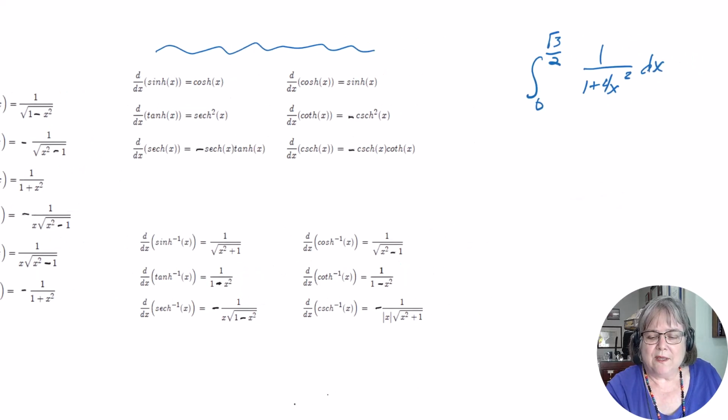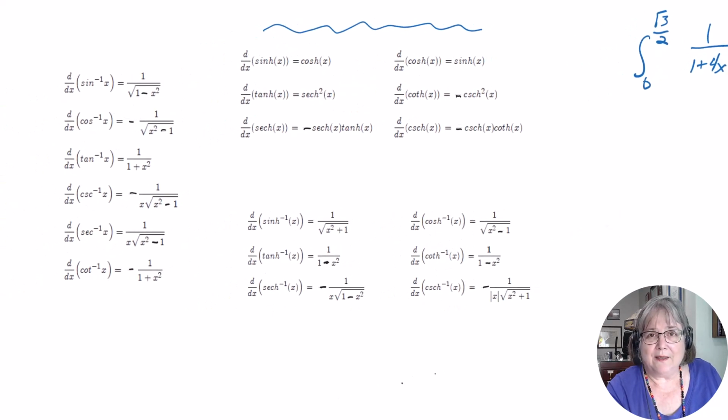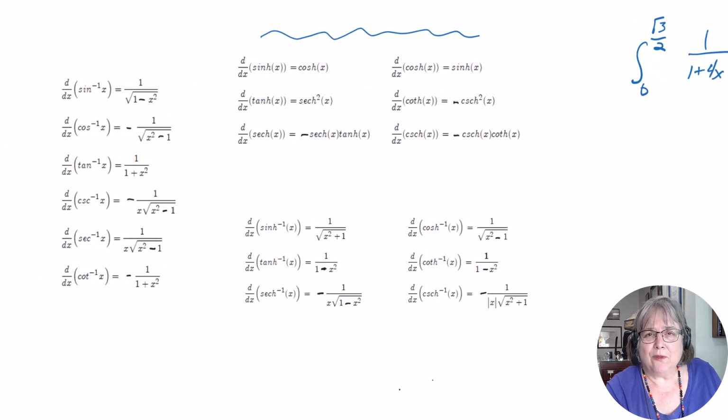But once you see something like 1 plus something, or especially if there's a square root down there, and you can get a 1, and sometimes you can factor it to where it becomes a 1, it's probably one of these.